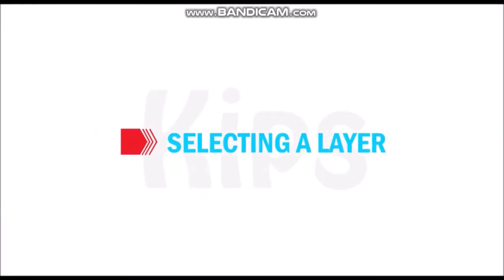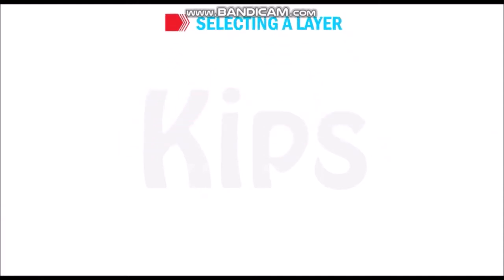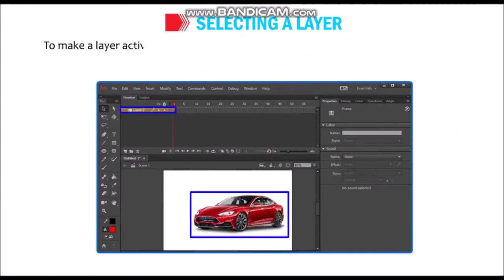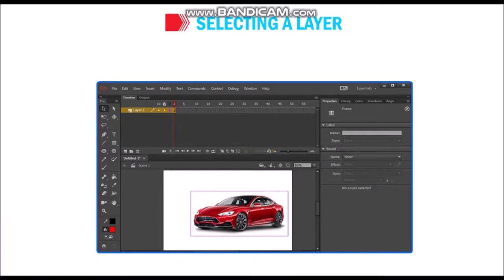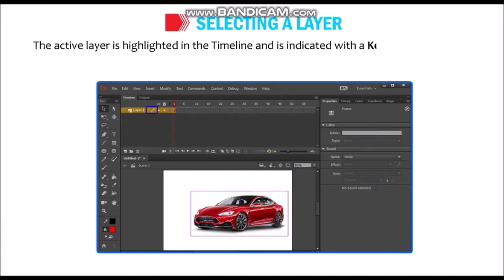Selecting a layer. Let us understand how we select a layer. To make a layer active, either select the layer in the timeline or select a stage object in the layer. The active layer is highlighted in the timeline and is indicated with a keyframe navigator controller icon.